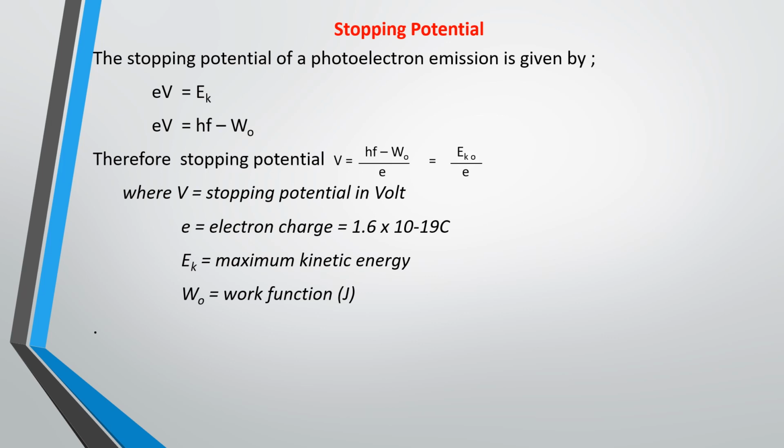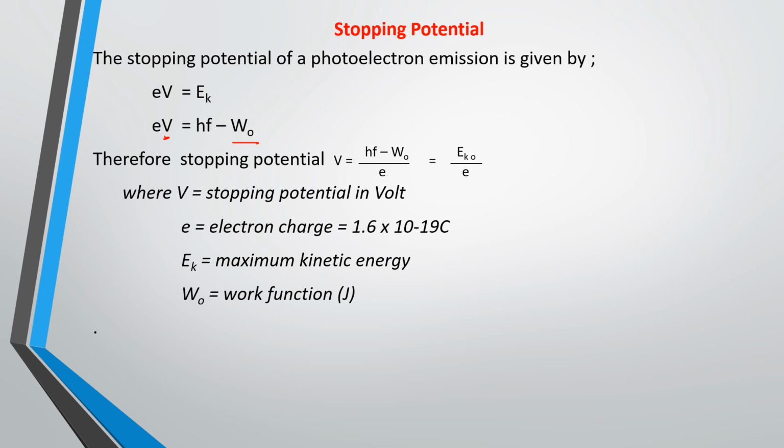The stopping potential of a photoelectron emission is given by eV, which is equal to EK, the kinetic energy. That's what we said before. And from our previous discussion, eV, which is the kinetic energy, is equal to hf minus the work function. So V is the stopping potential.